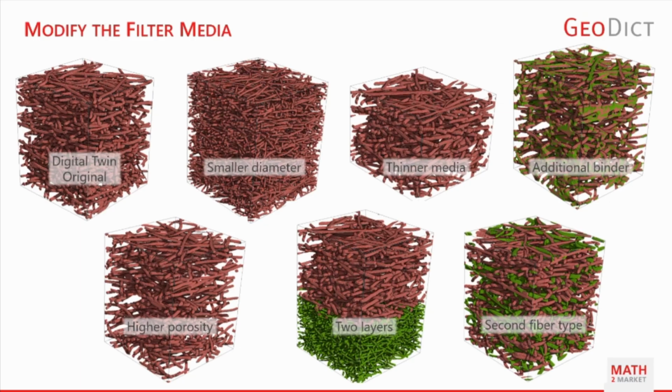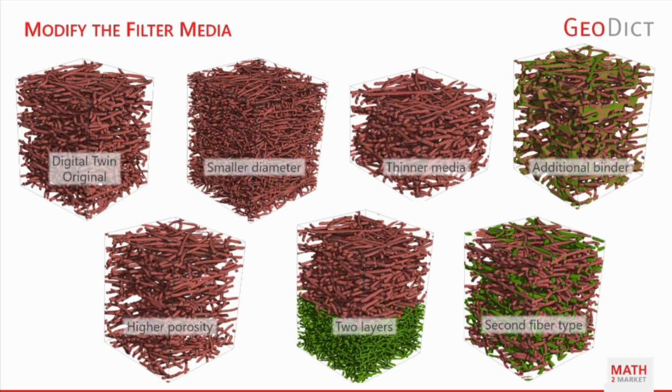And of course, the advantage of doing these modifications digitally first is that you can create them with almost no cost in the computer. It would be very expensive to produce all these kinds of things in the lab. And in the computer, you can try out what would work, and only if the parameters look like this will be a good material, then you try to produce it.